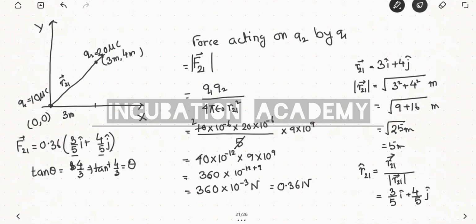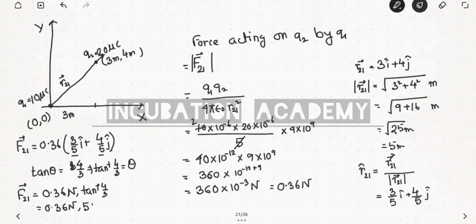So we can write the F21 vector as 0.36 Newton comma tan inverse 4 by 3. If you know the specific angle, tan inverse 4 by 3 is 53 degree, so we can write 0.36 Newton comma 53 degree.